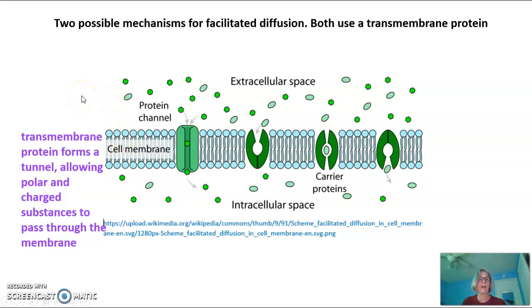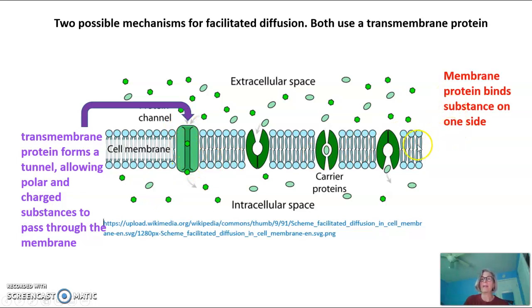It doesn't require energy, but it just requires a way for something that's polar or charged to pass through this large layer of fatty acid hydrophobic tails of the lipid. It does this by being protected by a protein channel.